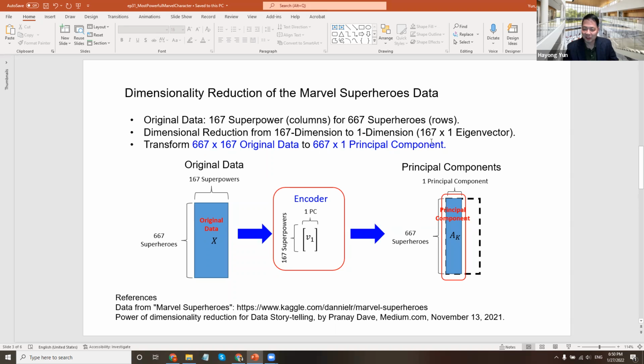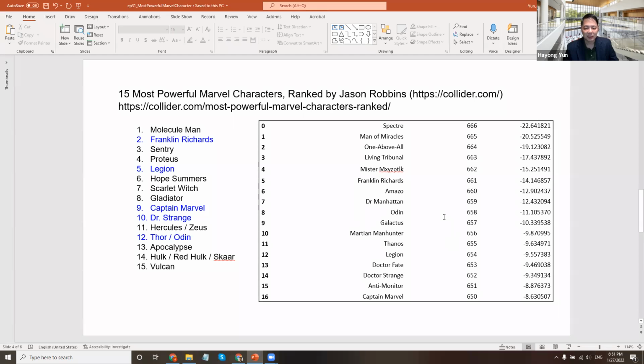So we need a 167 by one eigenvector, just one eigenvector. So we transform the data, which we call principal component, of all 667 superheroes, with one measure, one principal component, this value, and see how that value lines up, right? Okay, so I did that, and we'll see in a minute with the program how it works out.